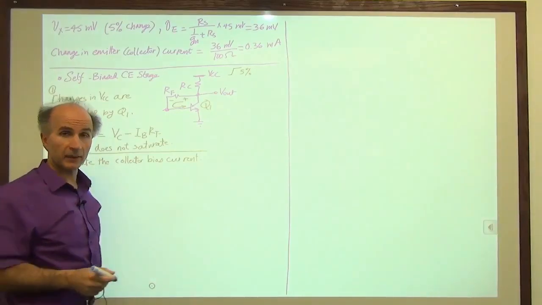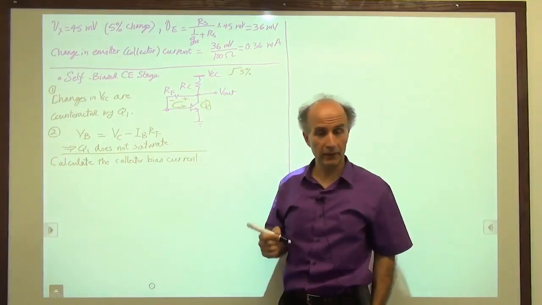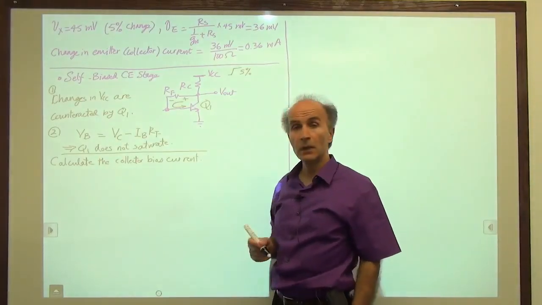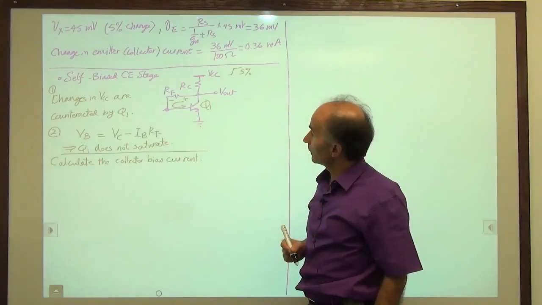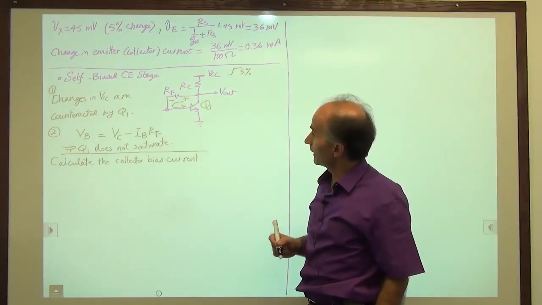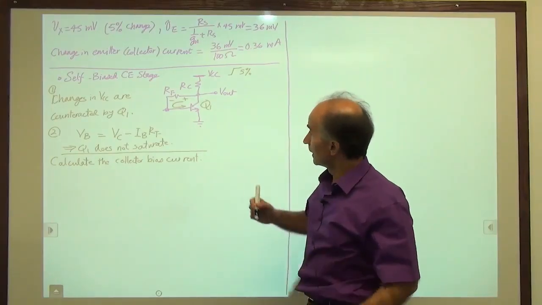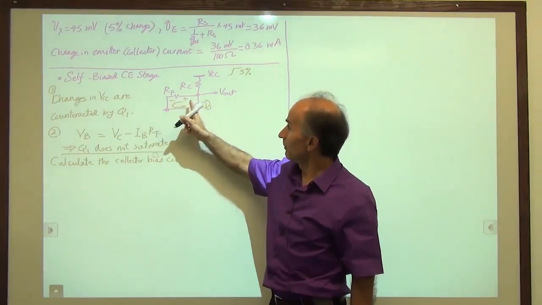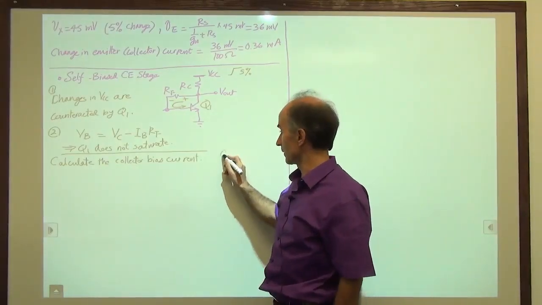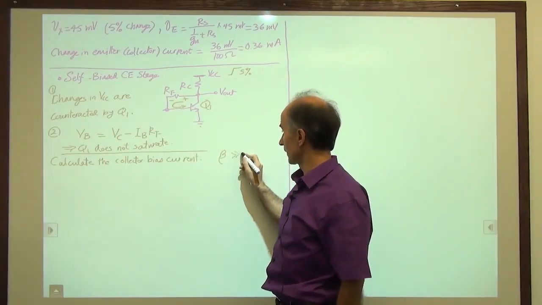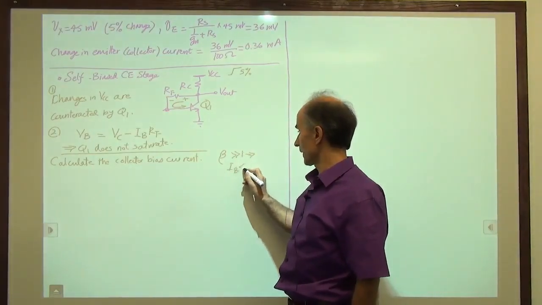That's always necessary because the collector bias current gives us the gm and ro and r-pi and everything else. So we do need to calculate it. All right, well, how do we go about doing that? Well, I will make one approximation. I will approximate IB to be much less than IC. And that's usually true because beta is large, right? So beta is much greater than 1, which means IB is much less than IC.